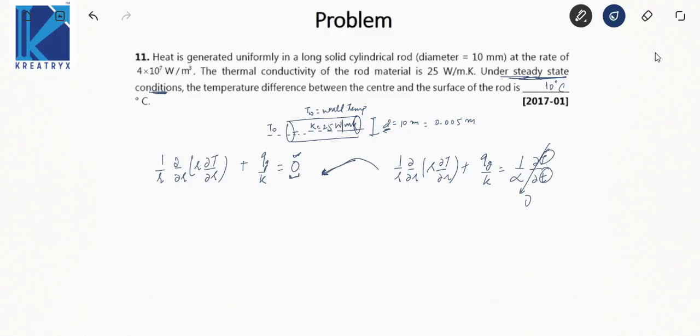Okay, so that implies 1 by R del by del R of R del T by del R is equal to minus Qg by K. We'll solve this minus Qg by K because Qg has also been given and K has also been given and they are constant.